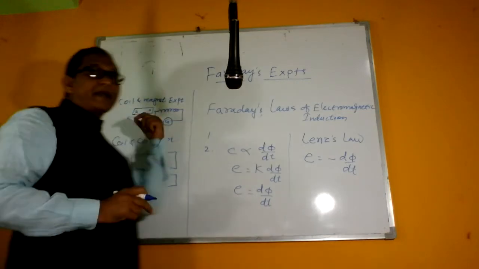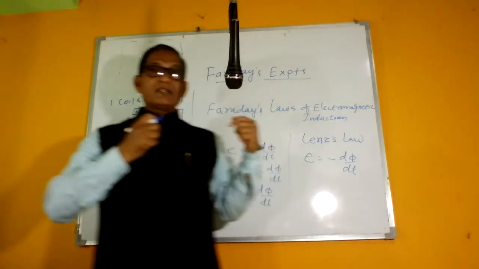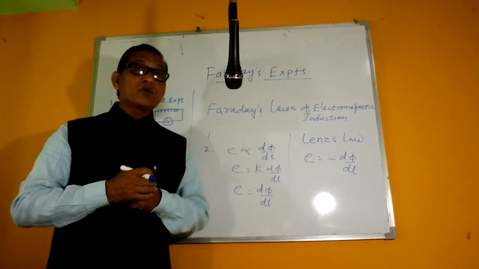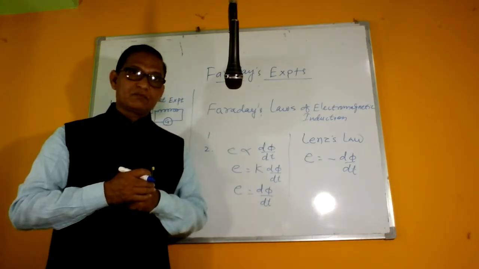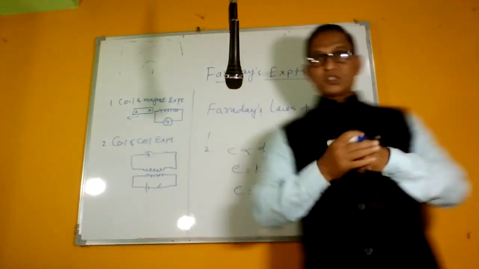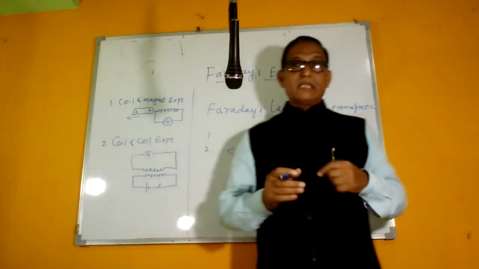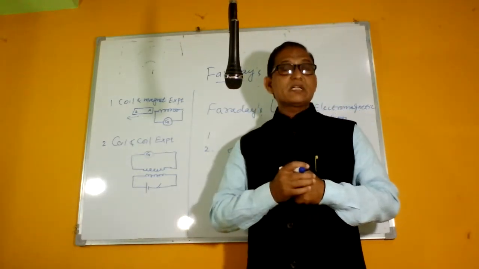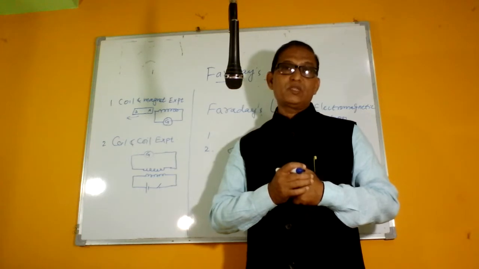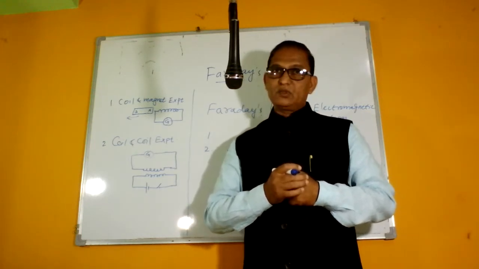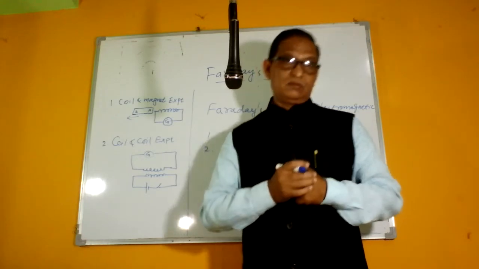Now this south pole and the north pole try to attract the magnet towards the coil. That is, it opposes the change. The deflection we got in the coil, that is the EMF produced in the coil, is opposing the changes in the magnetic flux.